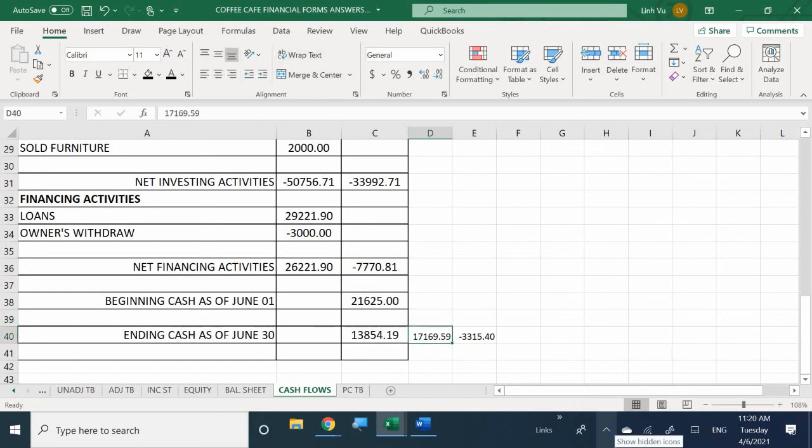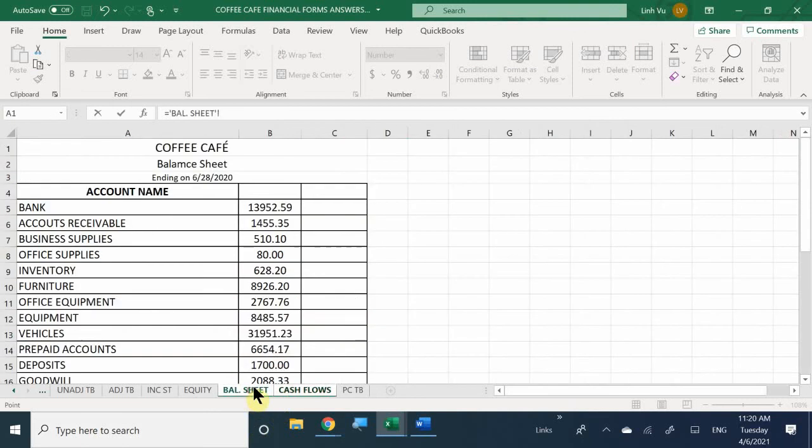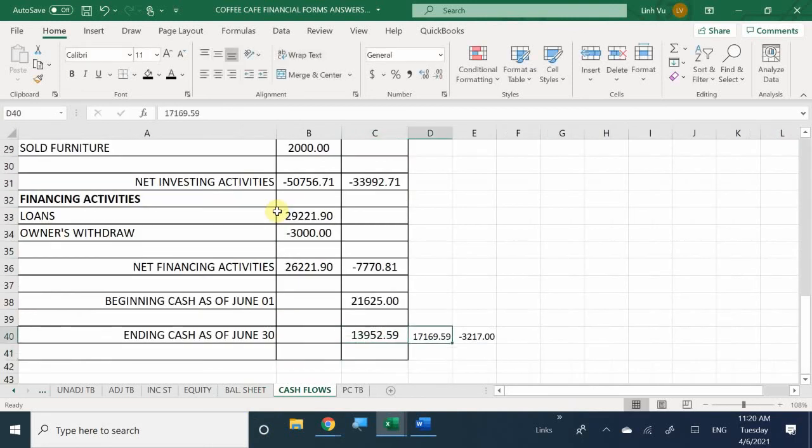Okay. So again, this is supposed to reflect this number here. But I'm going to place what the actual number is supposed to be. So we're supposed to take our beginning balance and add our difference to get 13,000.